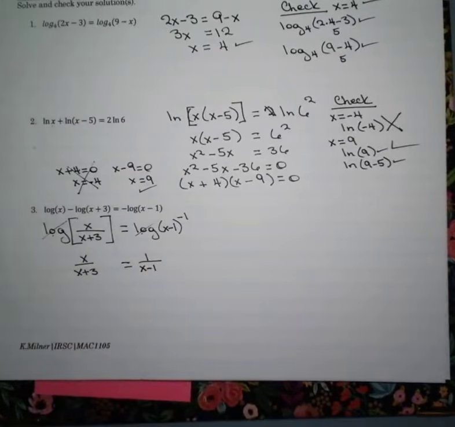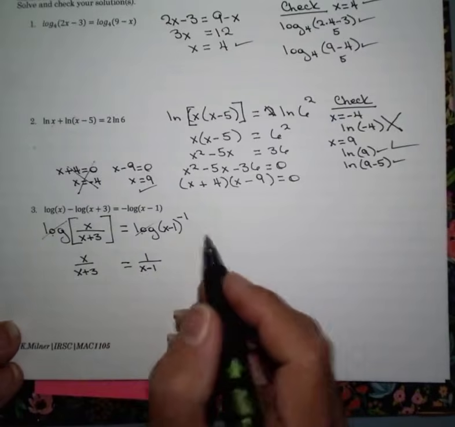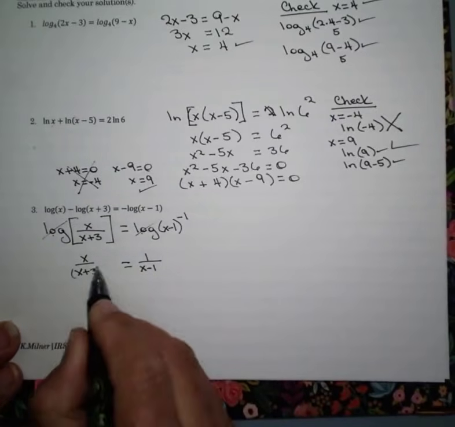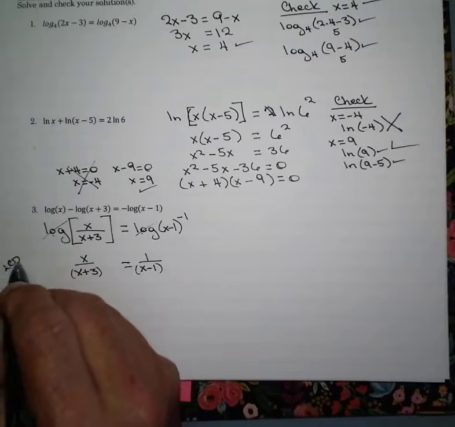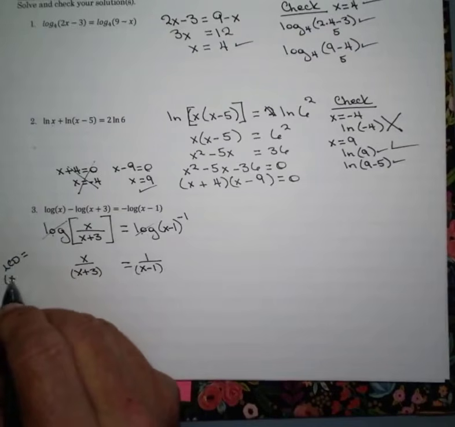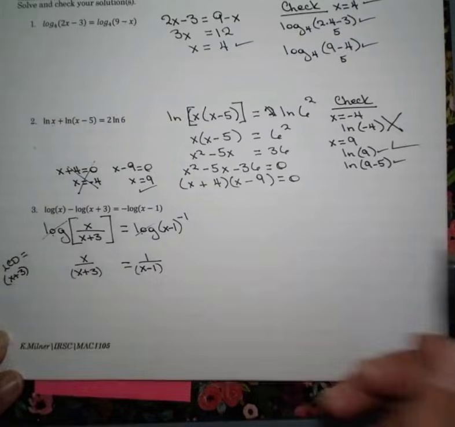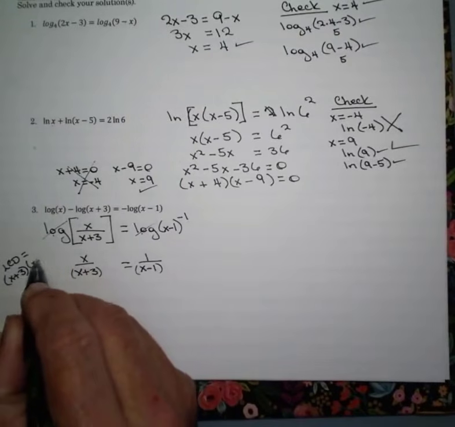Okay? Now, how do you solve an equation that has fractions? Well, you multiply through every term in the equation by the common denominator. The least common denominator for this one is both of these binomials, isn't it? So I'm going to write it out. Least common denominator is equal to x plus 3 times x minus 1.